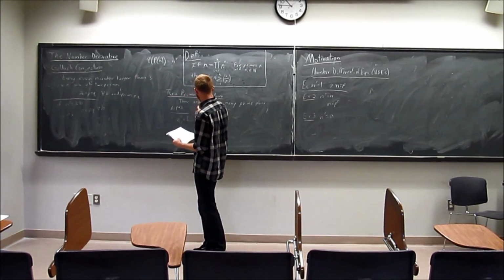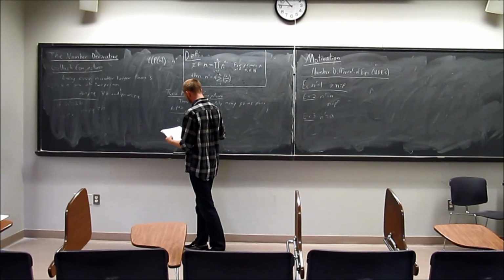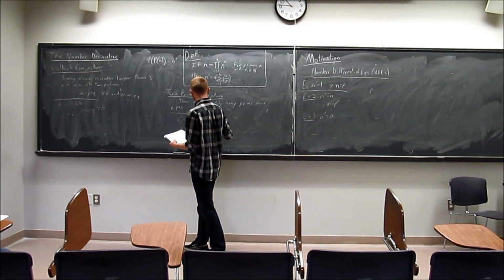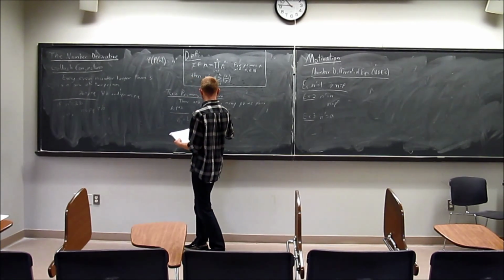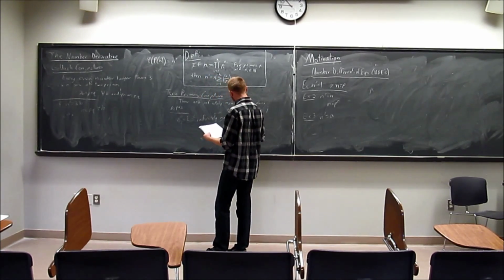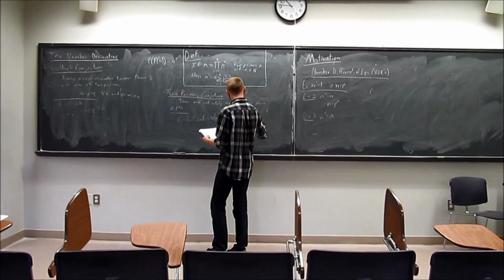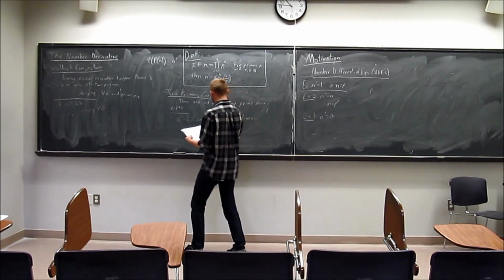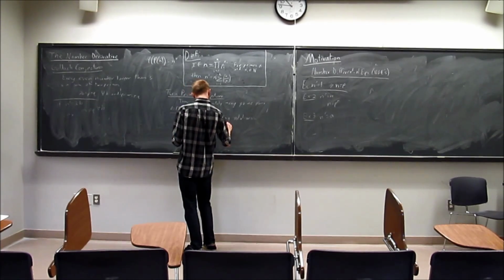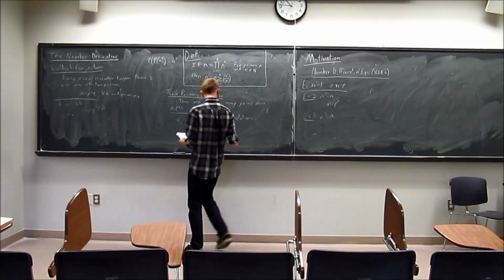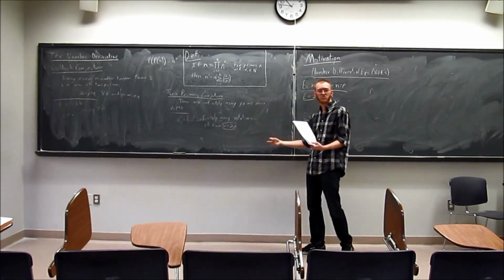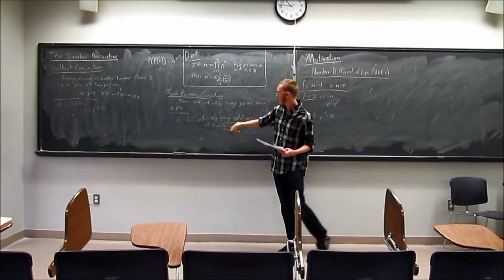This would prove it if there were infinitely many solutions of the form n equals 2p. So can anyone see why that would prove that?